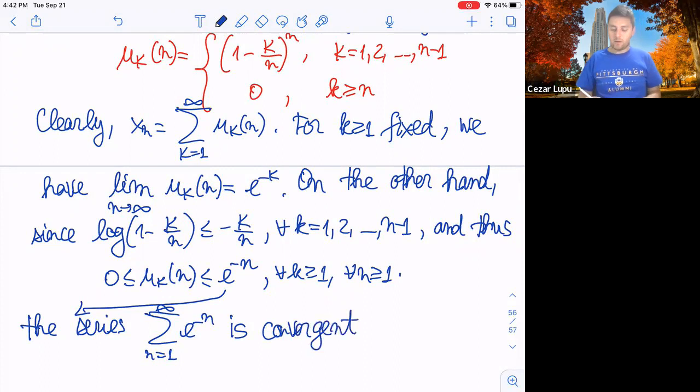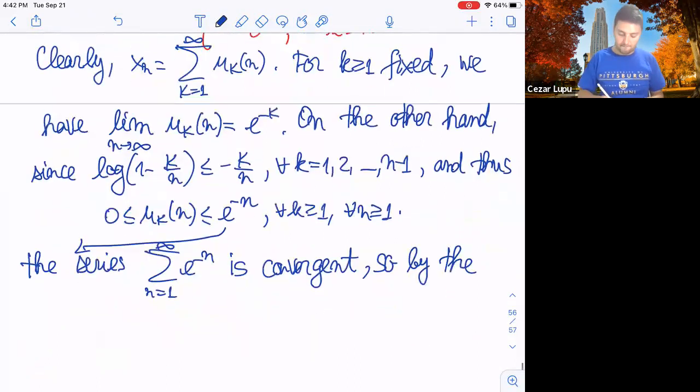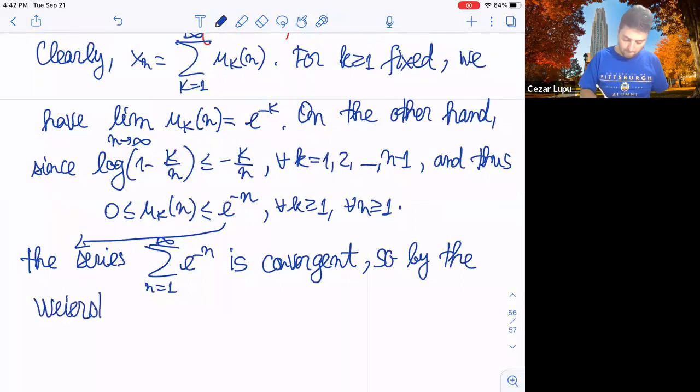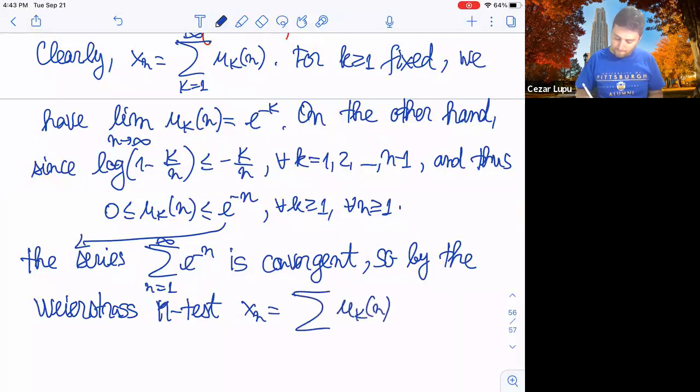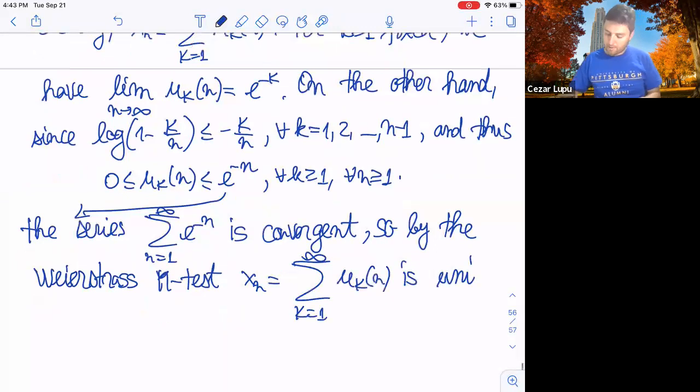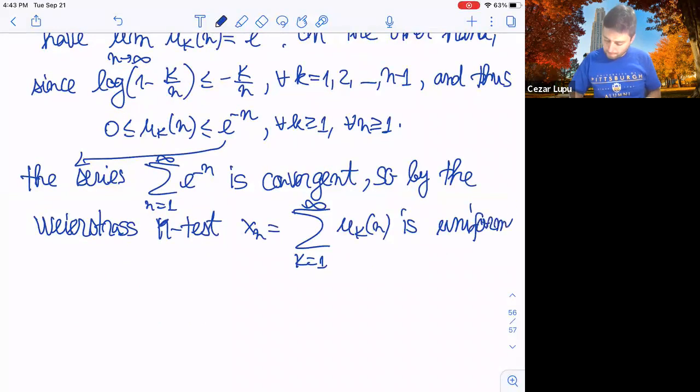That's beautiful, because now, by the Weierstrass M-test, this series of functions is uniformly convergent. That's great, because now we can pass to the limit.